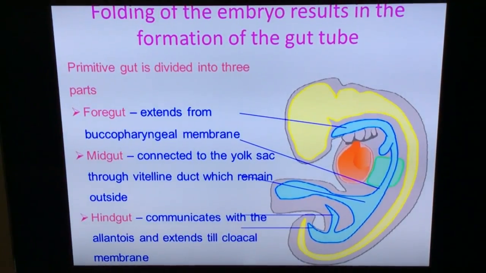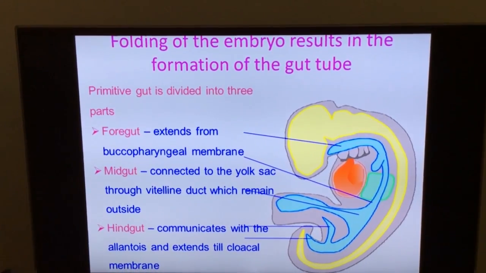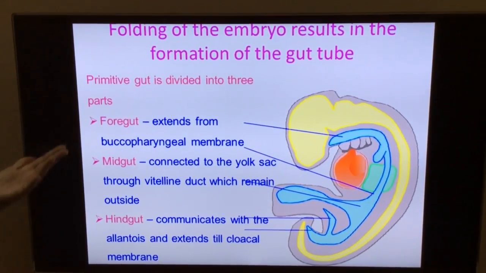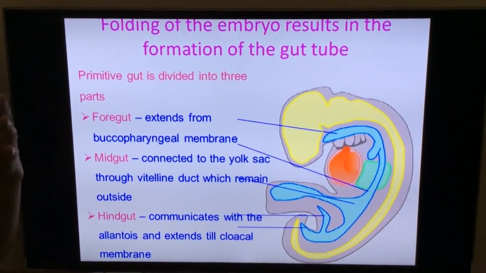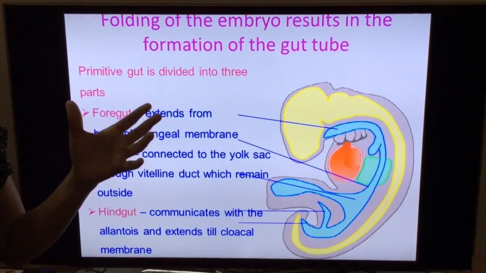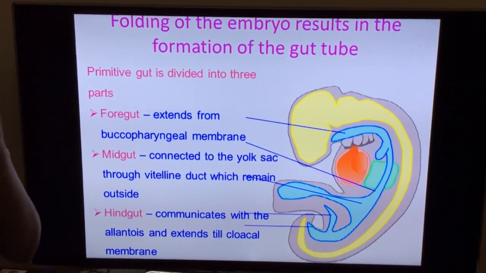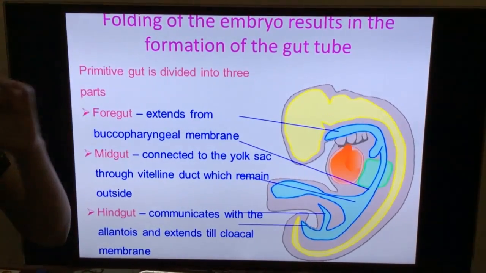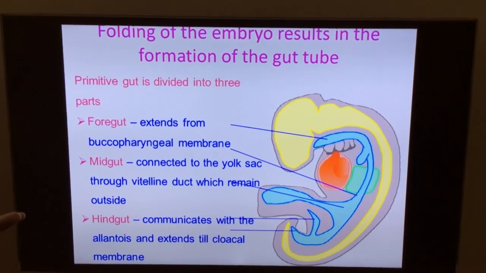Now moving on to the gut tube proper. You know that in general embryology you had learned that due to the folding at the cephalocaudal region and also due to the lateral folding, the endoderm, which was a layer, forms a tube called the primordium of the gut tube.